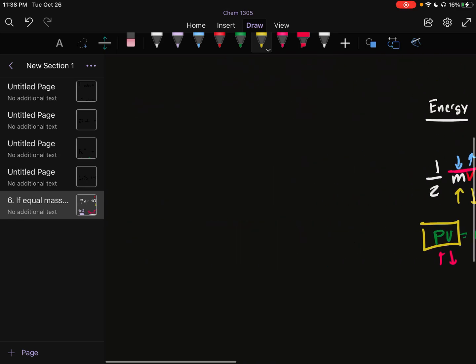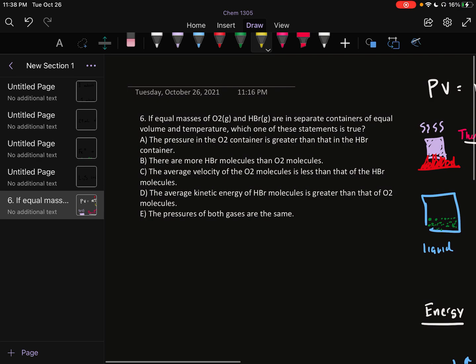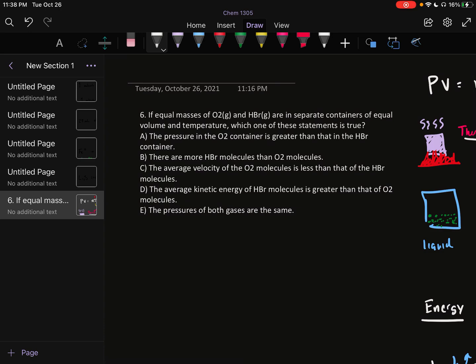Essentially the same thing. But how will you see this on the exam, right? So you might have seen this problem on this exam, and this is your marker to know how to actually interpret this. So we have equal masses of O2 and HBr.